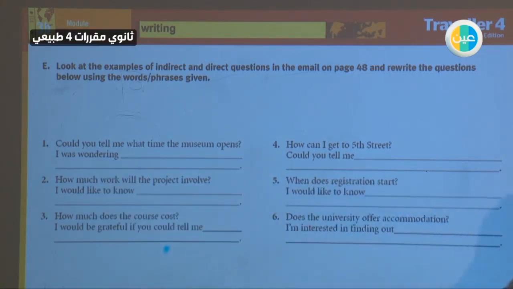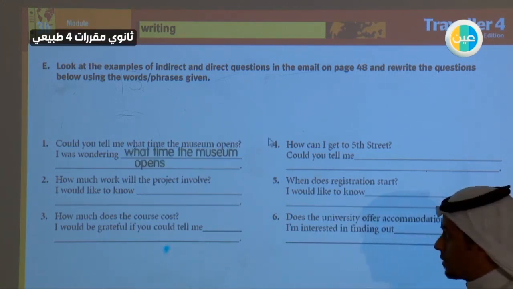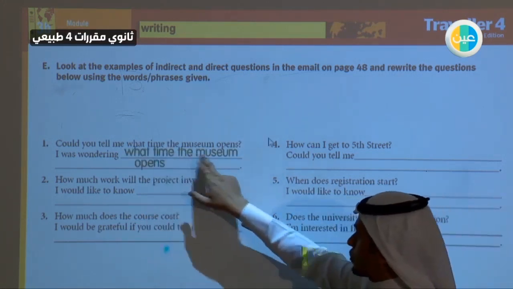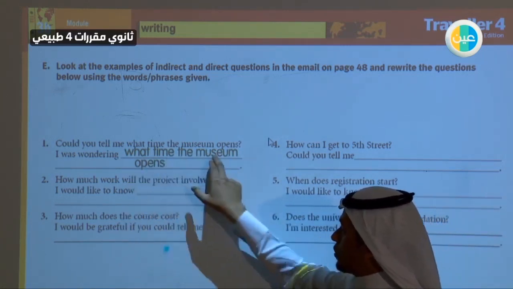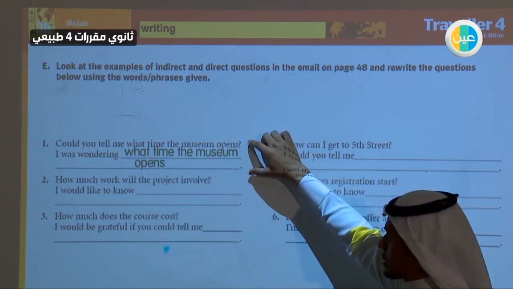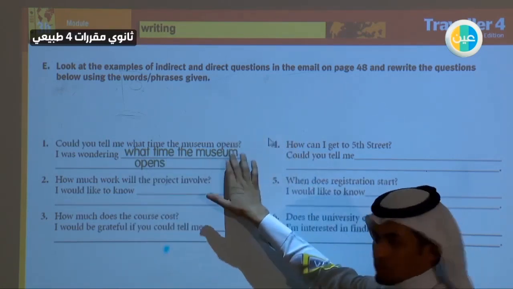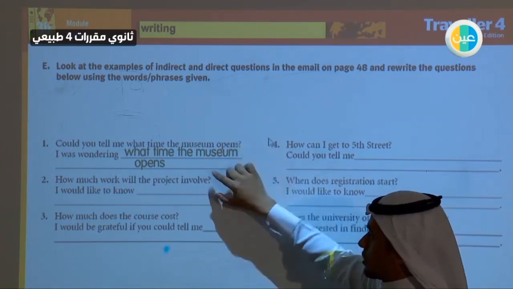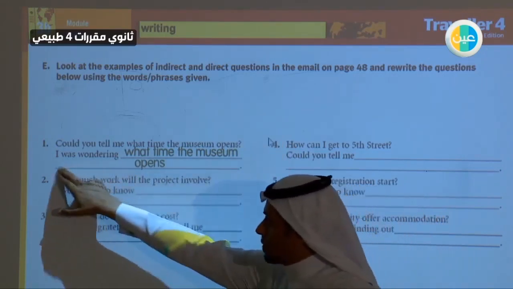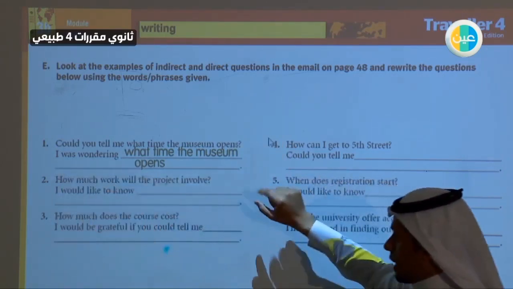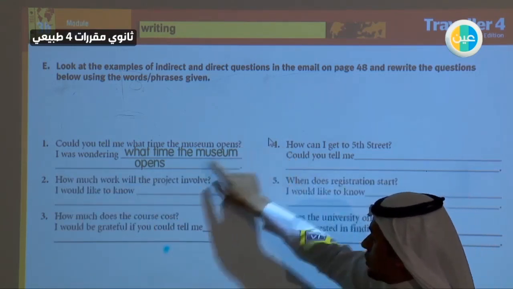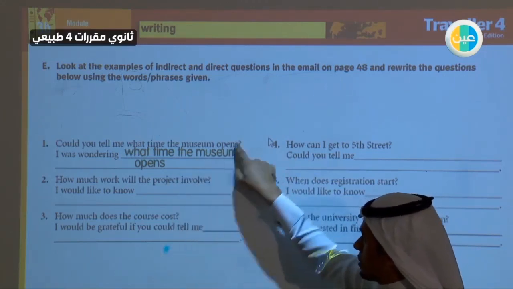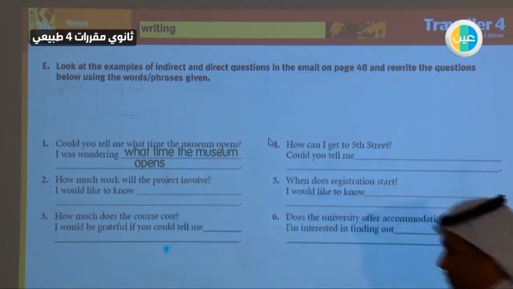I was wondering what time the museum opens. In this question, we didn't change much. It's the same question, but we started with, I was wondering. And now it is an indirect question. You can see we don't have the question mark.